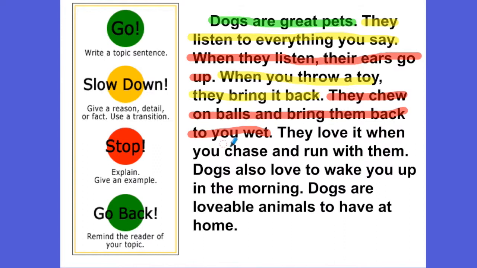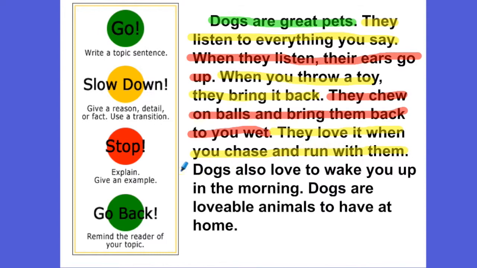They love it when you chase and run with them. Here is a new detail. Because, as you can see here, it's not telling me about toys anymore. You're doing something else. So it's a new detail. We're still talking about dogs, so it's definitely yellow.